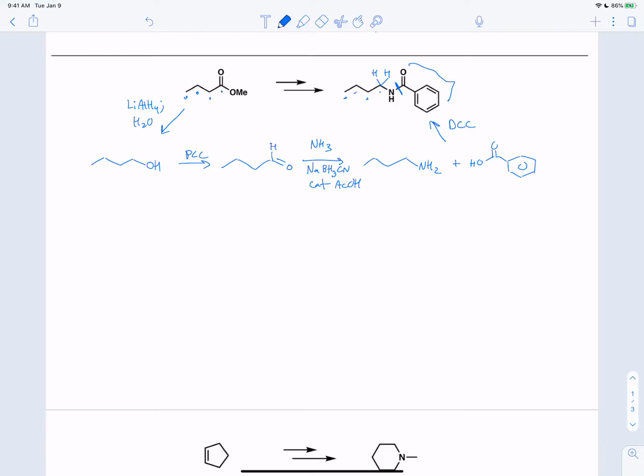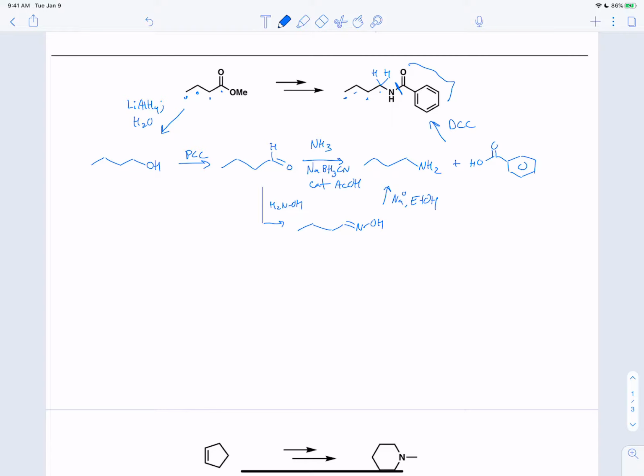Alternatively, if you're worried about maybe having over-reductive amination problems, we could first turn this into an oxime. So this is essentially a reductive amination, only we are going to fully form the oxime first, then reduce this with sodium metal and ethanol.